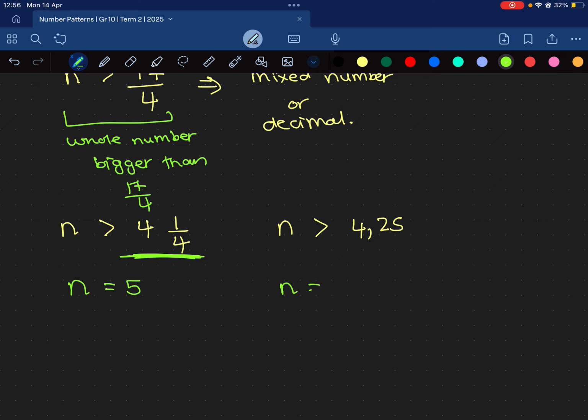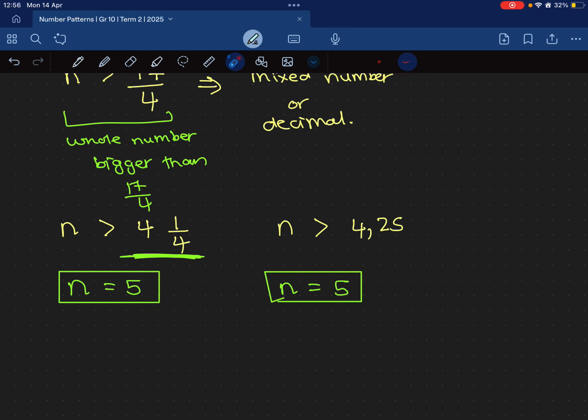And in this case, you can see the same thing. So we're rounding up because it's asking us for the whole number that is bigger than this. And you can't say 4 because 4 is smaller than this. So the next whole number that is bigger than this one must be 5. The same goes for this one.